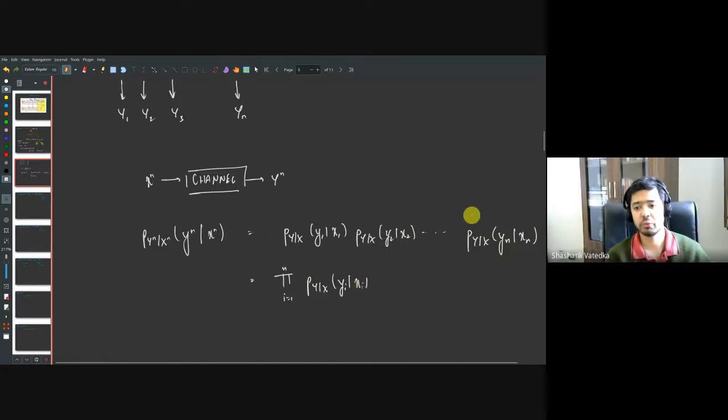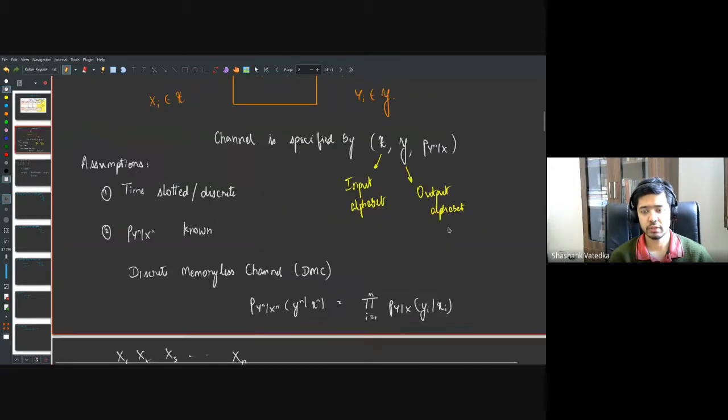So this is exactly what I mean when I say that each xi is corrupted independently to get a particular yi. So if you look at this distribution of yn given xn, in some sense x1 is corrupted to get y1, and x2 is identically but independently corrupted to get y2, and so on.